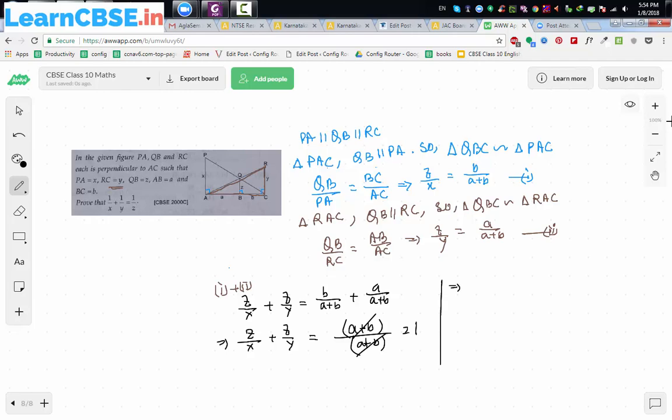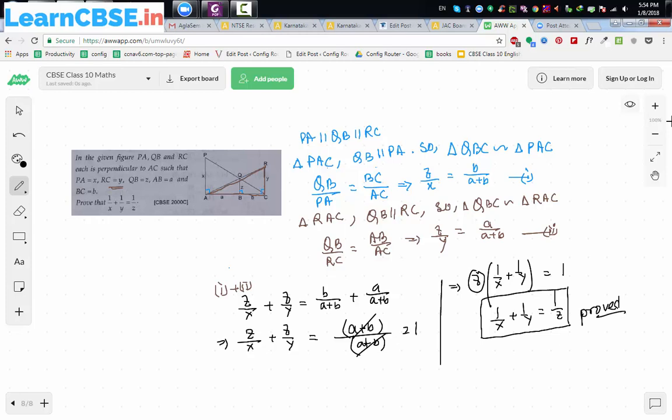Further, I can take Z common. 1 by X plus 1 by Y equals 1 by Z. Now if I move the Z to the other side, it becomes 1 by X plus 1 by Y equals 1 by Z.